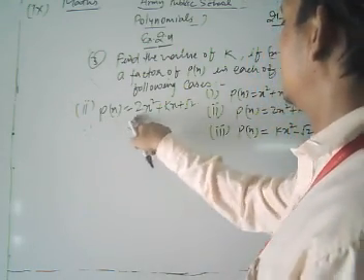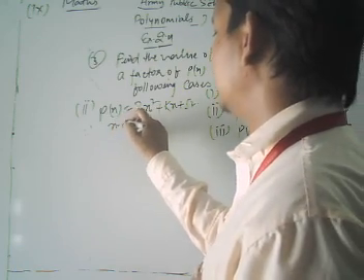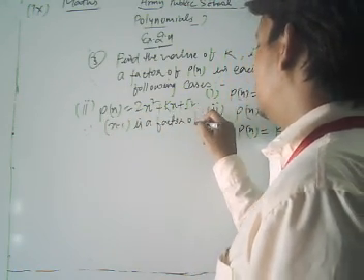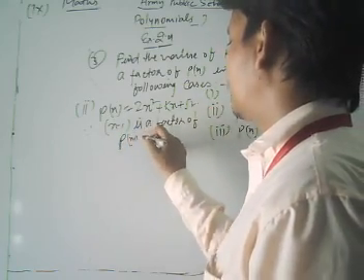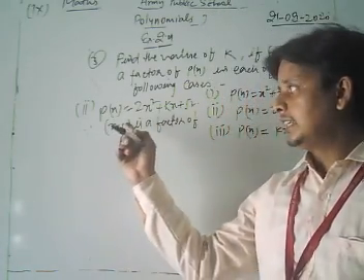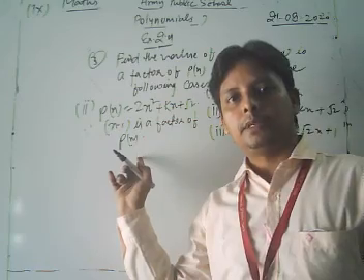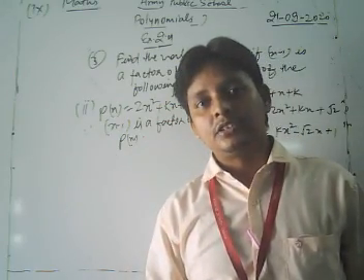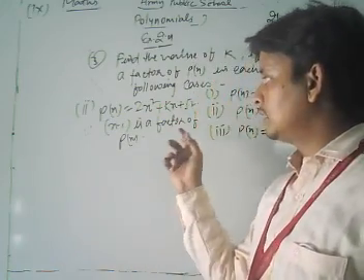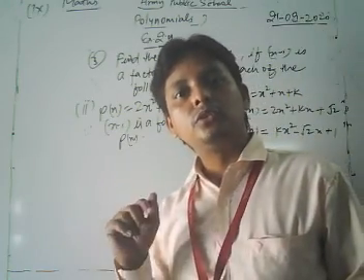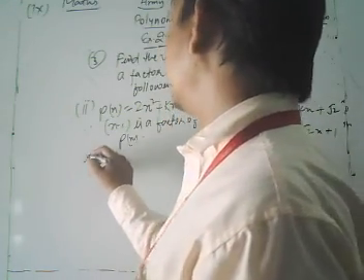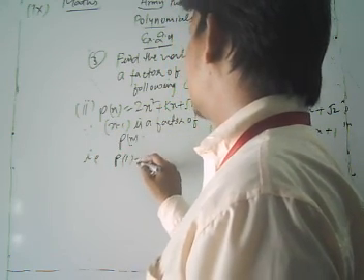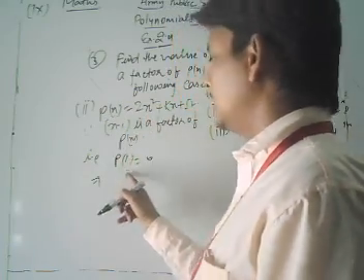Since x minus 1 is a factor of the polynomial p(x), then, dear students, the remainder must be equal to 0. That is, p of 1 must be equal to 0. Now we replace x by 1.